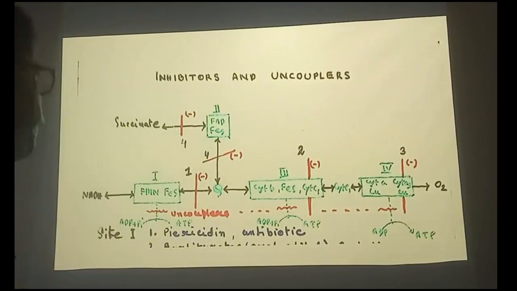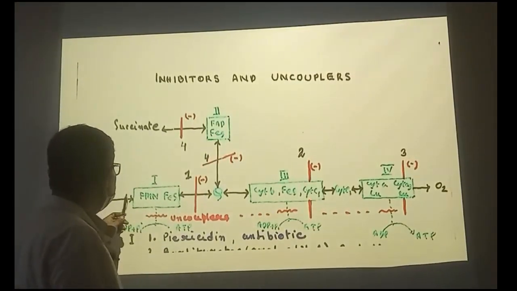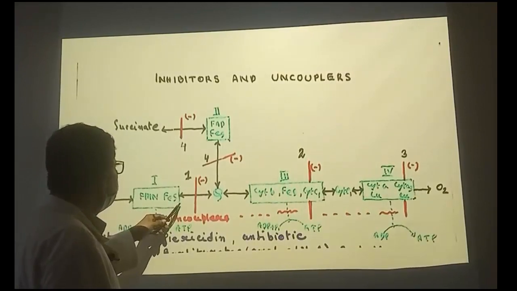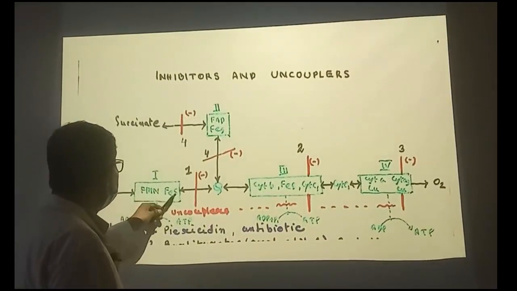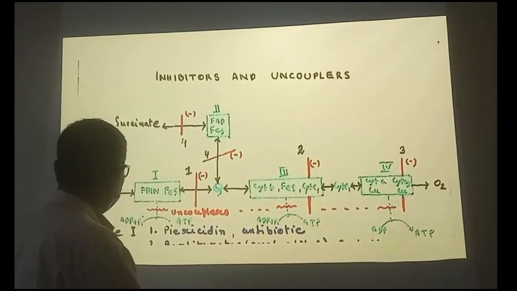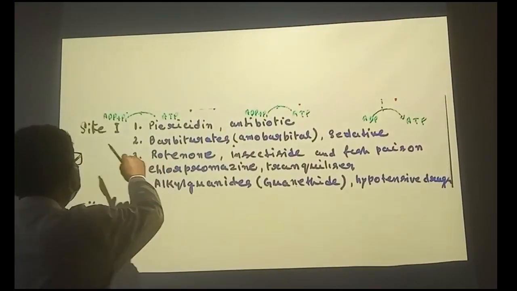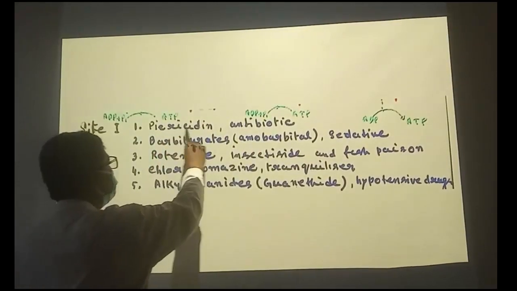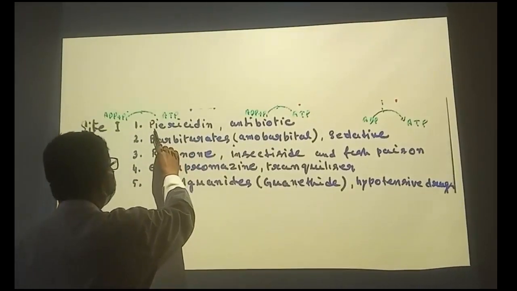So some of the examples are there, like NADH to FMN. There are some inhibitors which are acting in this pathway. Now site 1 is actually affected by these drugs or chemicals.